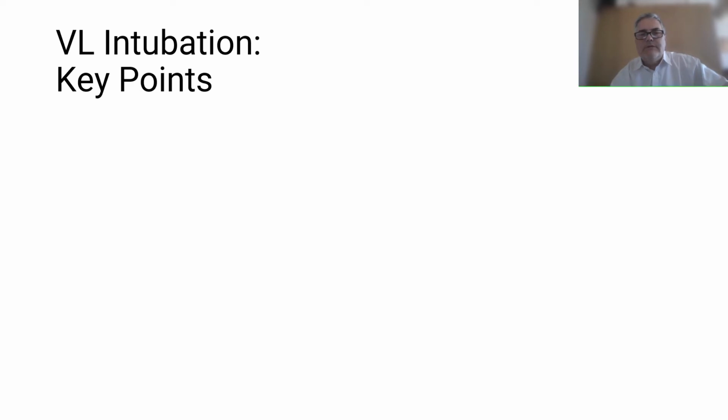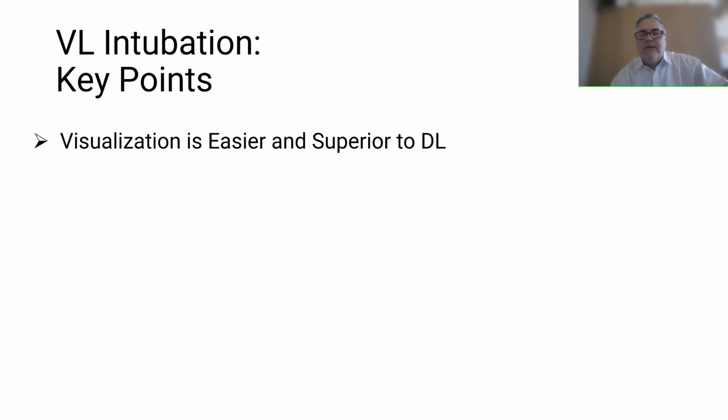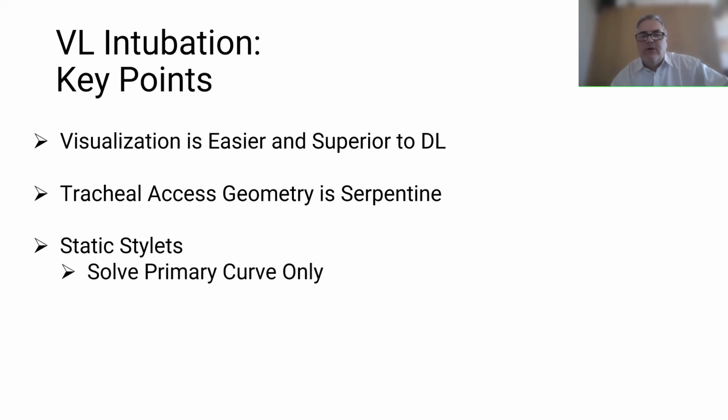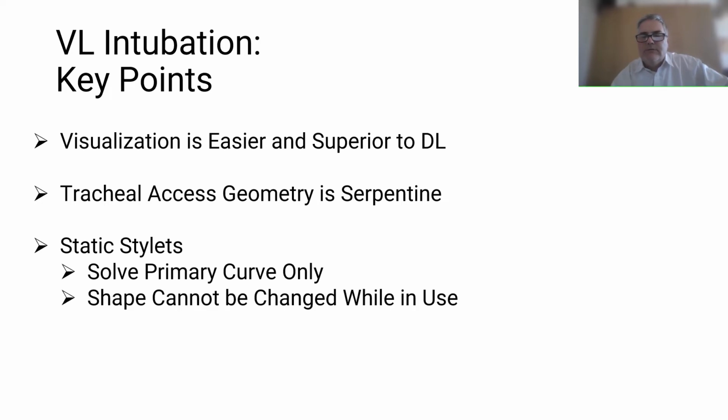So, key points for video laryngoscopy. Visualization is easier with a video laryngoscope, and it's superior to DL. Tracheal access geometry with a video laryngoscope is now serpentine. Static stylets solve the primary curve only, so they solve one of the geometry problems. They do not solve the other two.